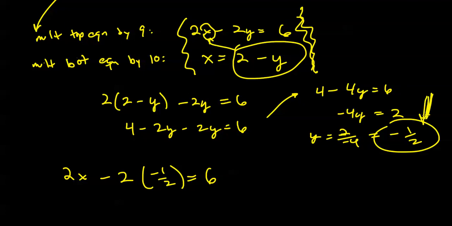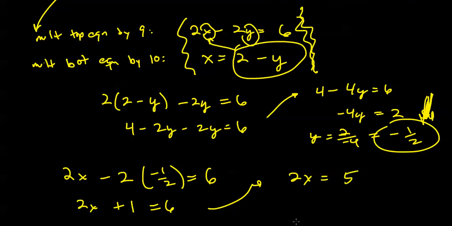Again, substituting y equals minus 1/2 in the first equation. So 2x minus 2 times minus 1/2 is of course positive 1. So 2x of course equals 5, and x is then 5/2.